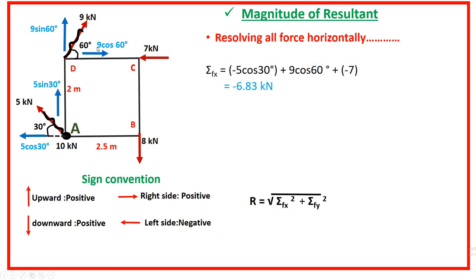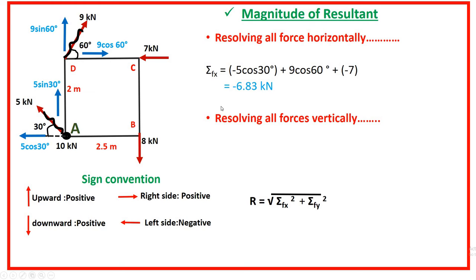Where is the other horizontal force? This is over here, 9 cos 60. Again it is on the right side, that's why positive, right? Now this 7 kilonewton is acting on the left side, so it is negative, right? So the summation of all horizontal forces is minus 6.83 kilonewton.